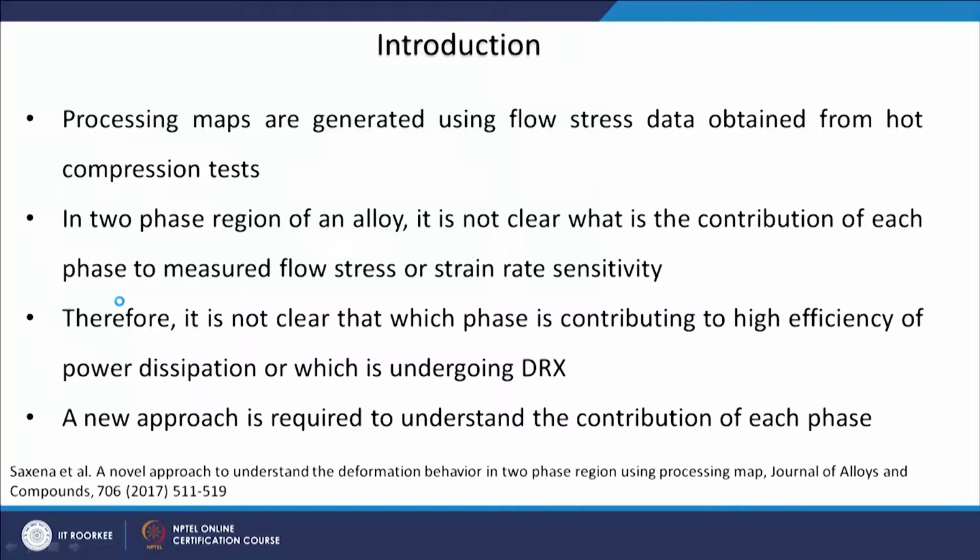So, you compress a cylindrical specimen, measure the flow stress and the strain, and you know the strain rate, how fast you are applying the compression strain to the material. So, I know the strain rate, I know the temperature, and from flow stress we are calculating the processing map.